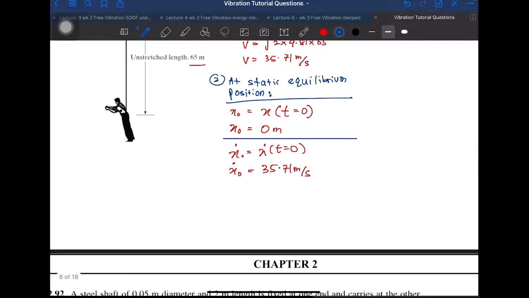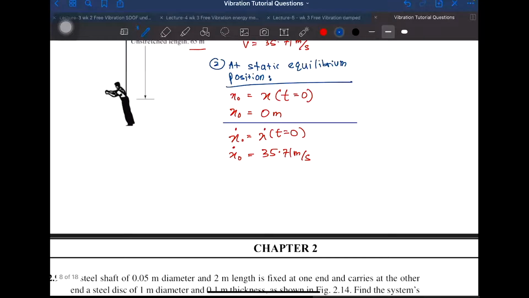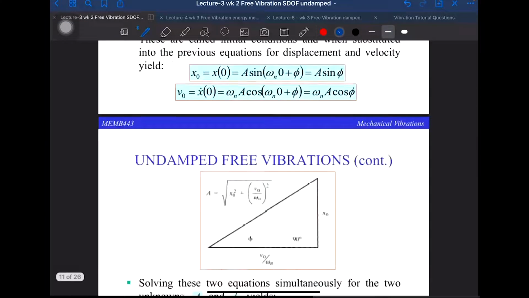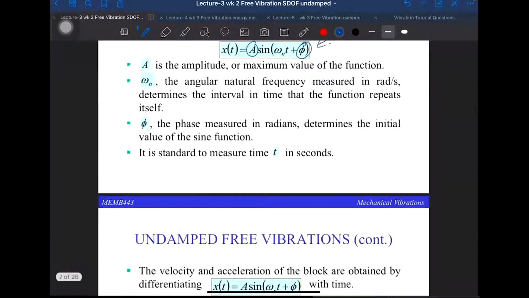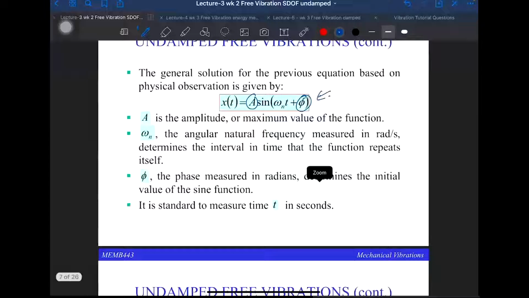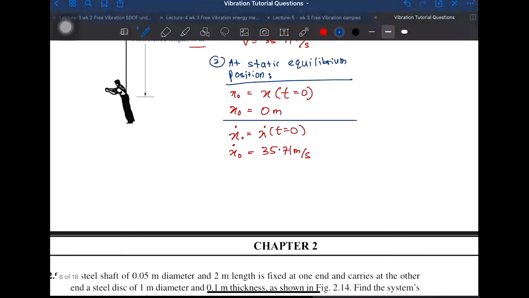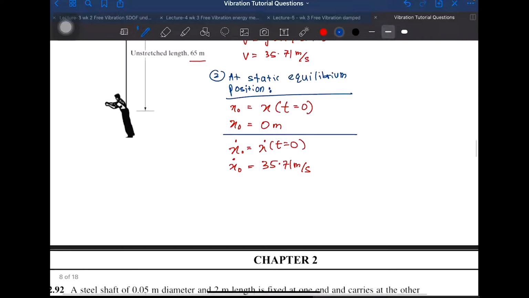And then we want to find the response now. So what is the response? Okay, the response is the one that we use based on the lecture slide. This is the response. All right, x of t equals A sine omega n t plus phi. Okay, so that is the response that we want.